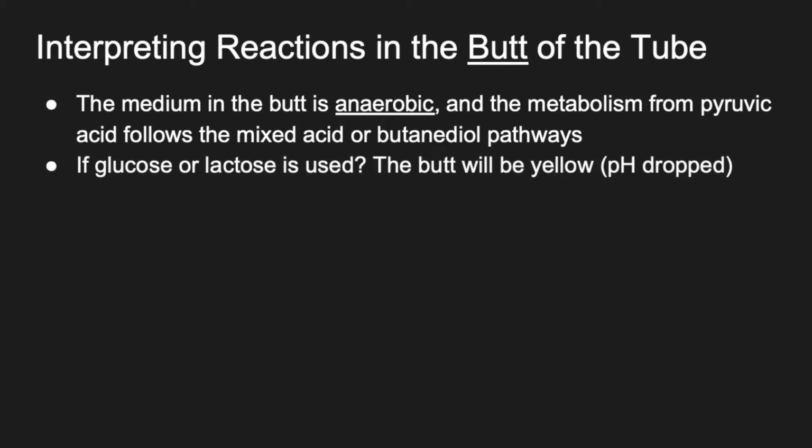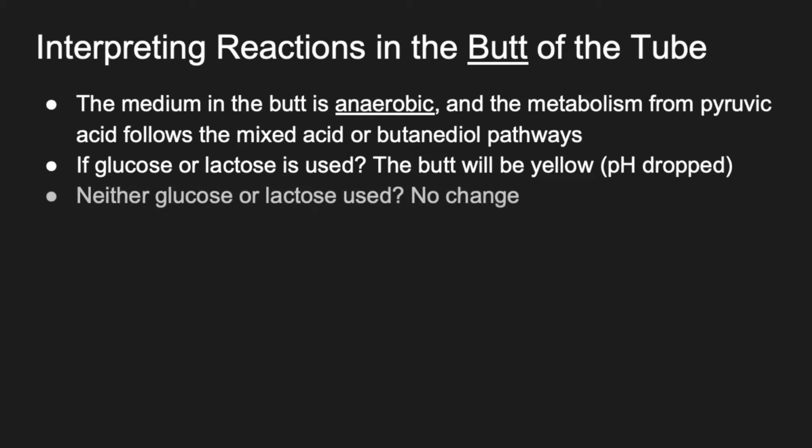If the organism can use glucose or lactose, if it uses either one of these, the butt will be yellow, meaning that the pH dropped, and the butt turned yellow because there was that drop in pH. If the organism is not capable of using glucose or lactose, it can't use either one of those as a food source, we'll see no change in the butt.